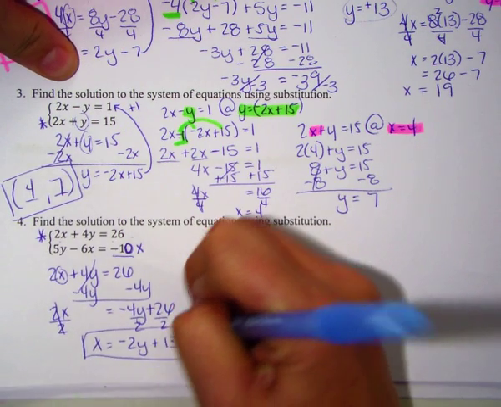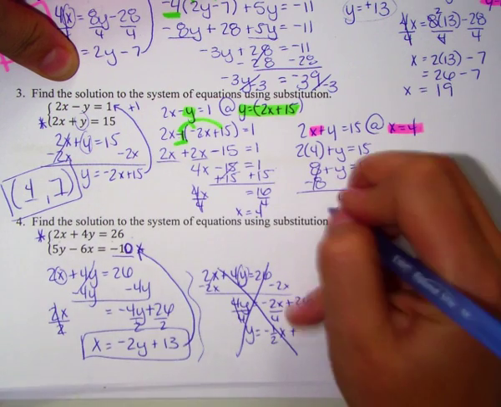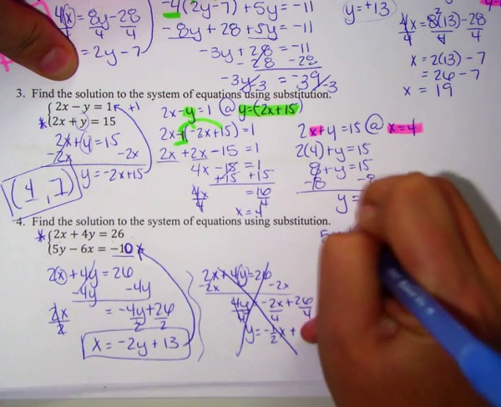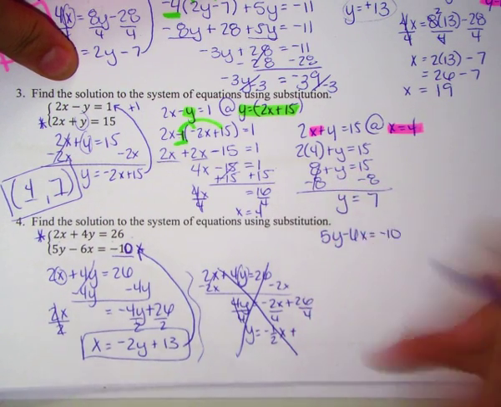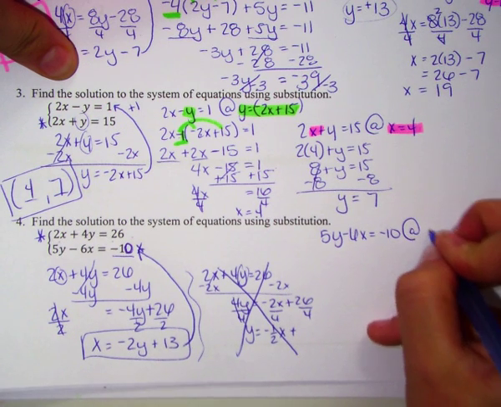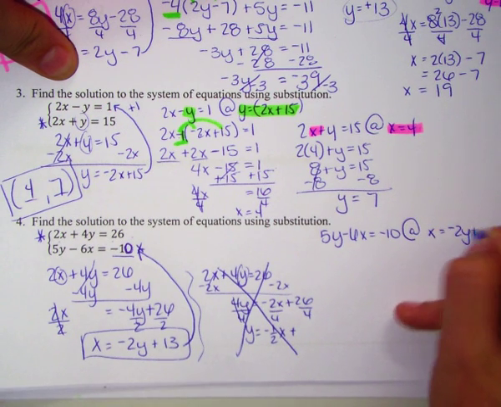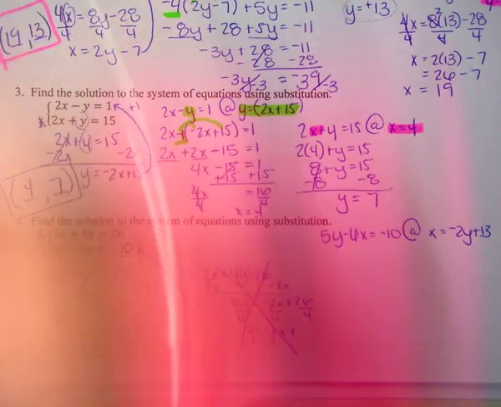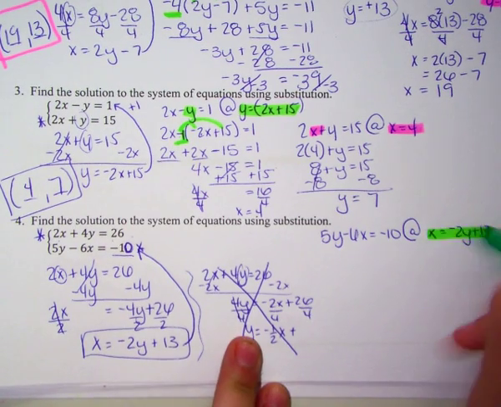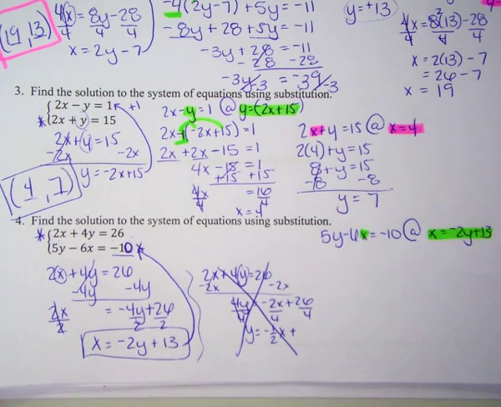Now you would take this and substitute into the second equation. I'm going to solve this at x equals negative 2y plus 13. Everywhere that I see an x, I'm going to substitute negative 2y plus 13.